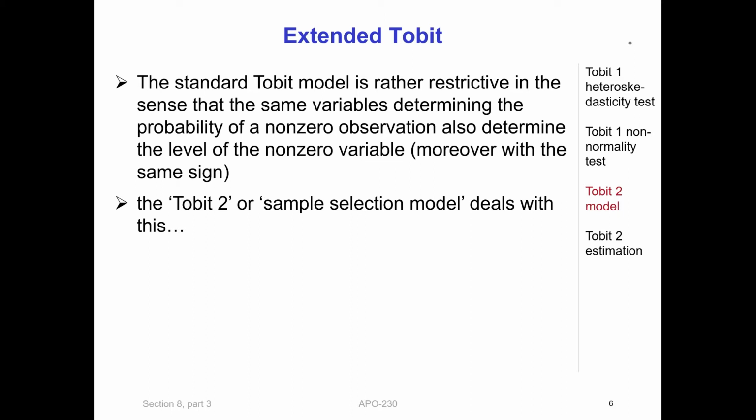Why? Because new buildings tend to be more valuable than old buildings. So in such cases, using the same set of explanatory variables will not fit quite well to reality. And there we have Tobit-2, also called the sample selection model, to deal with such situations.